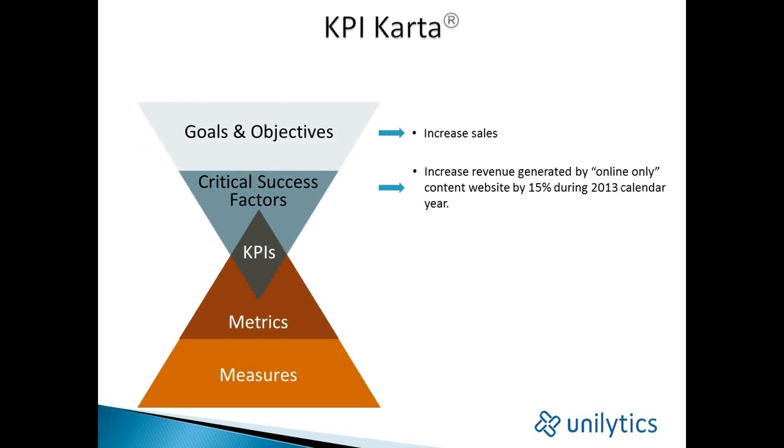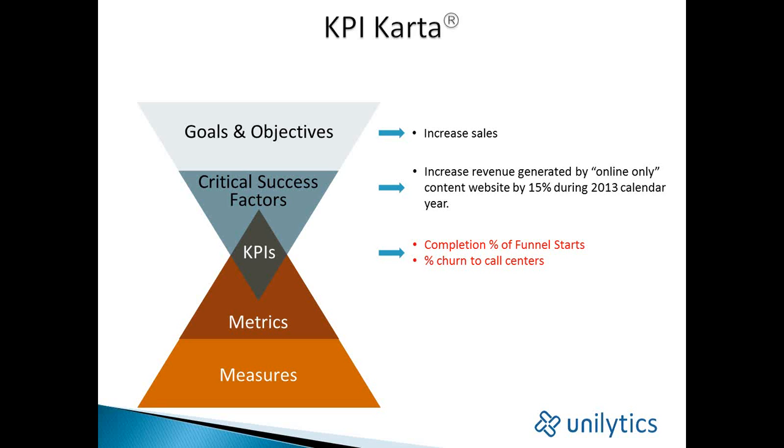The critical success factor became increased revenue generated by online-only content website by 15% during the 2013 calendar year. The KPIs then became completion funnel percentage of funnel starts, completion percentage of funnel starts, and the percentage churn to call centers.